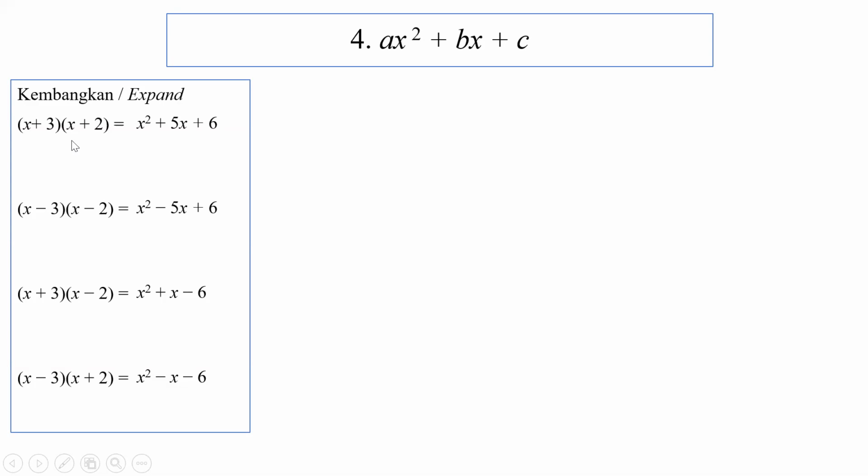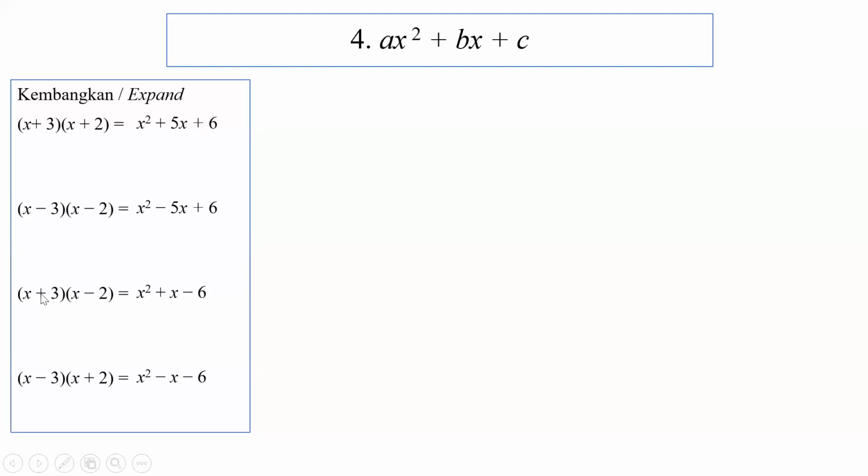So first of all, our factors consist of the numbers 3 and 2. You see 3, 2, 3, 2, 3, 2. The only difference is in the first one, the factors are both positive, positive 3, positive 2, whereas this one is negative 3, negative 2.